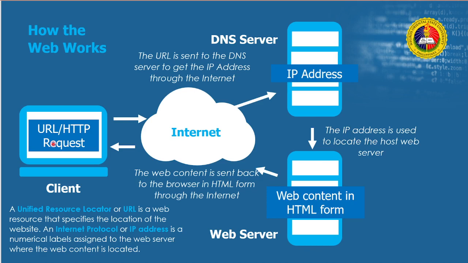As the request is made, the browser uses a uniform resource locator, or URL, to locate the requested content. So a URL is a web resource that locates the location of the website.